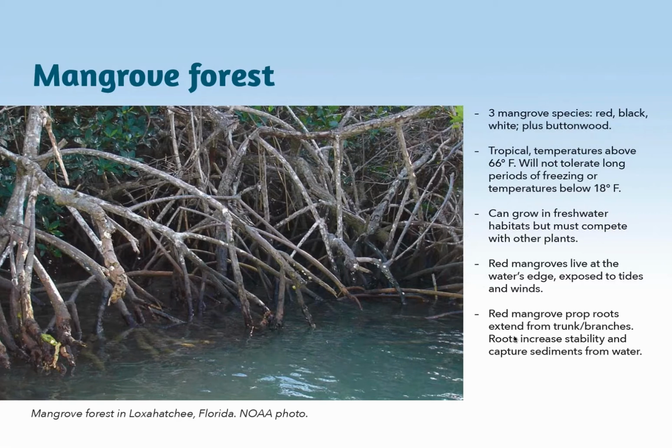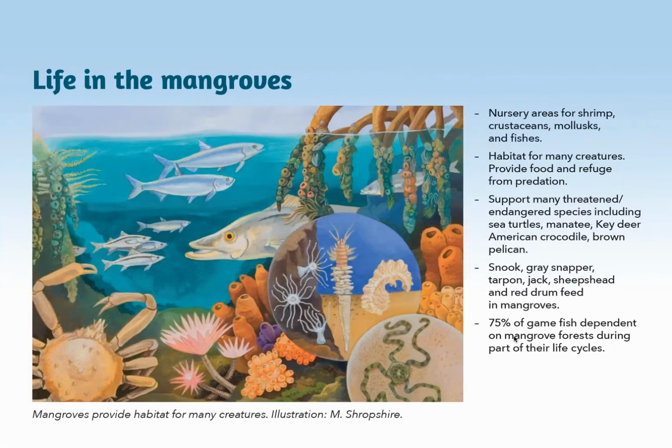This illustration in particular has to do with some of the life that's seen in deeper areas that have been created for flooding, flooding for mosquito control. But it shows some of the animals that are found in here. And it's a huge nursery area for all kinds of crustaceans, mollusks, and fish. And it supports other species that you wouldn't even think about.